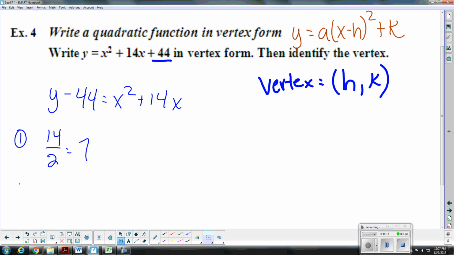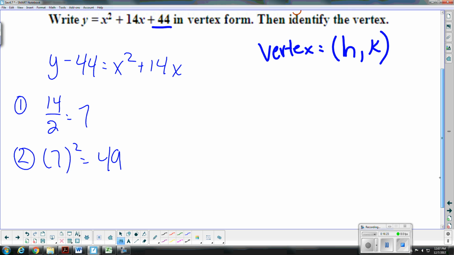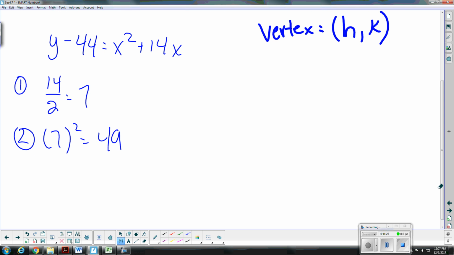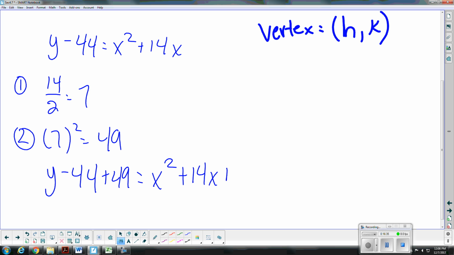And then our second step is to square that term. So now since we have an equation, we're going to add 49 to both sides. So we get y minus 44 plus 49 equals x squared plus 14x plus 49.